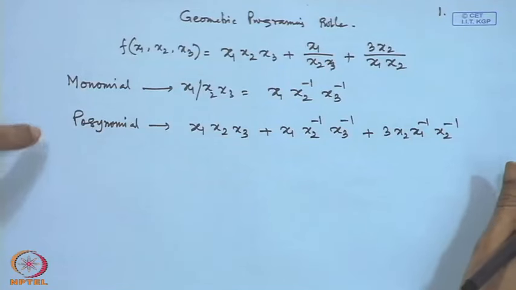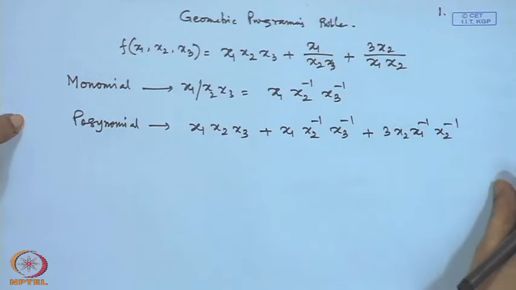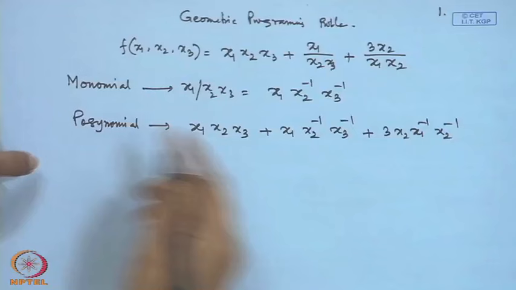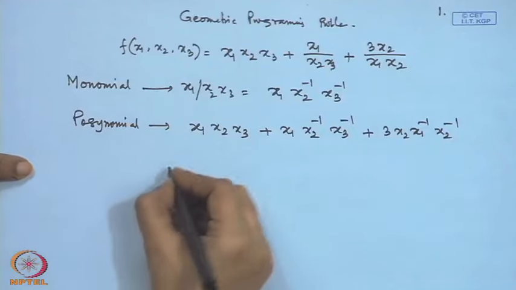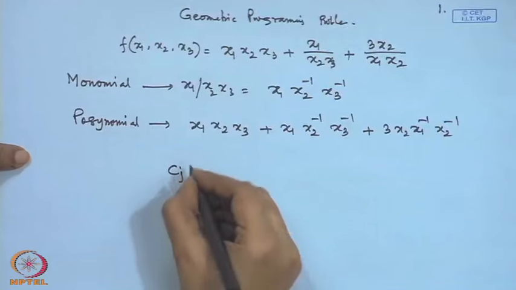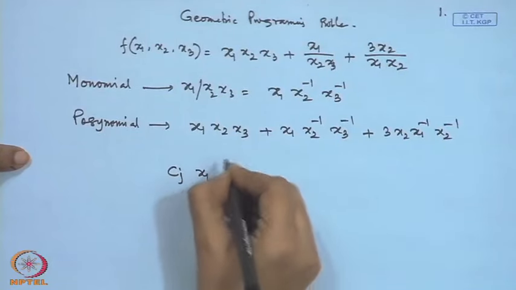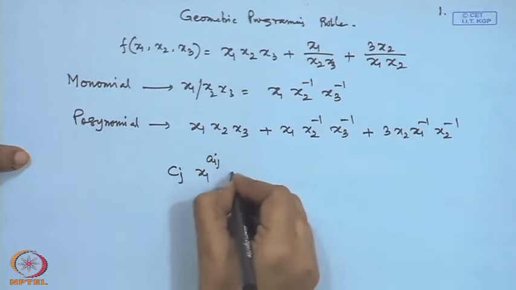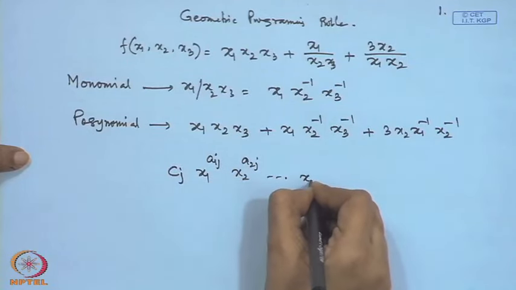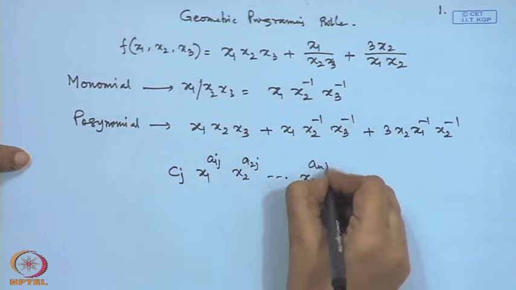How to handle an optimization problem where the objective function or the constraint functions are in the form of a posynomial, that part we deal with in the geometric programming problem. Let me give the formal definition. Cj is the coefficient of the individual monomial, x1 to the power a1j, x2 to the power a2j, up to xn to the power anj.